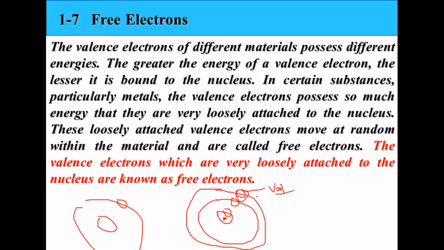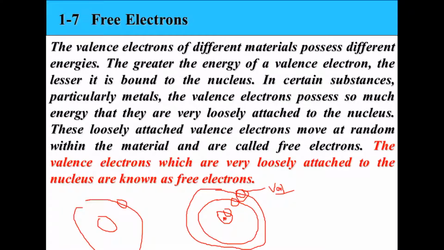But in that atom that has 4 orbits, the last electron, which is in the 4th orbit, is so far from the central nucleus that it has the flexibility to move freely at random within the material. That is why it is called a free electron.